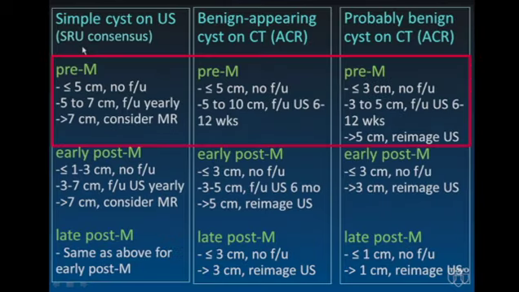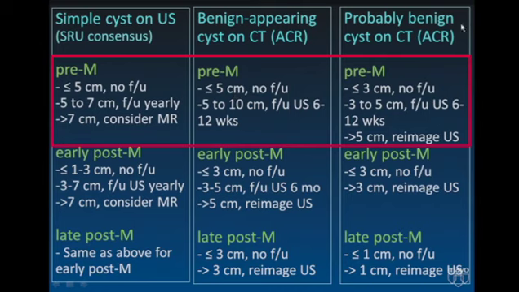So, without going into too much detail, essentially the criteria that were established based on the ACR Incidental Findings Committee 2 subcommittee that I chaired basically shows that premenopausal patients who have benign appearing cysts really don't need follow-up imaging of those cysts with ultrasound if they're less than or equal to 5 centimeters in size.